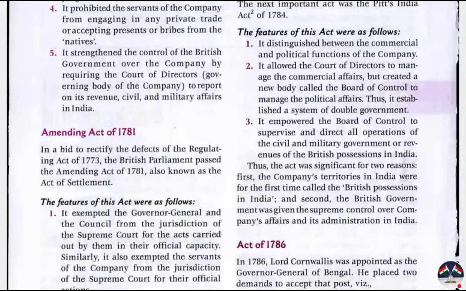And lastly, it strengthened the control of the British government over the company by requiring the court of directors, the governing body of the company, to report on its revenue, civil and military affairs in India.